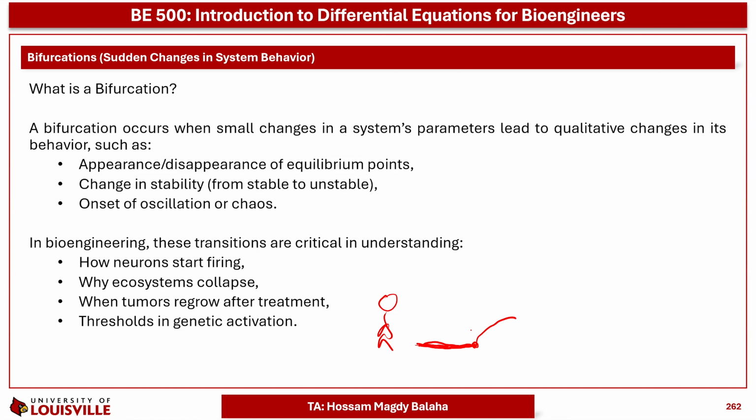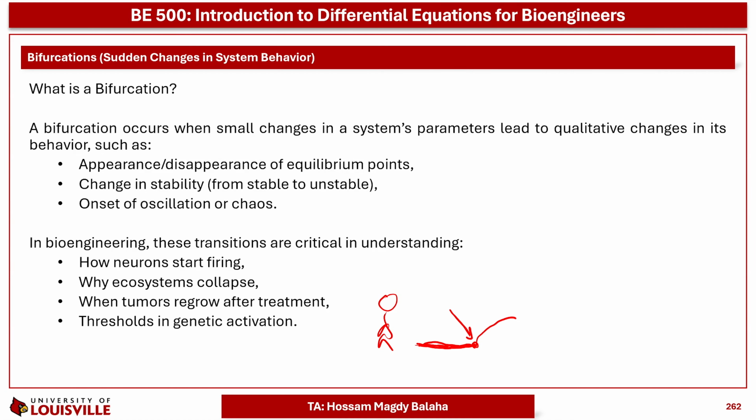This critical point that converted the system, or the patient, from the stable state to the unstable state is called a bifurcation. So we need to understand at what critical point, or at what certain value of a specific parameter or a set of parameters, the system will convert to chaos or oscillation or become unstable, and so on.